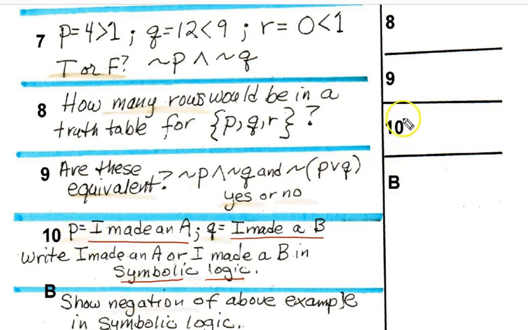So we're going to use the P for I made an A. Now, what symbol do we use for OR? This is the key. Use the inverted caret. This is the OR, and then Q. And that's what I was looking for. Again, the key was the OR.